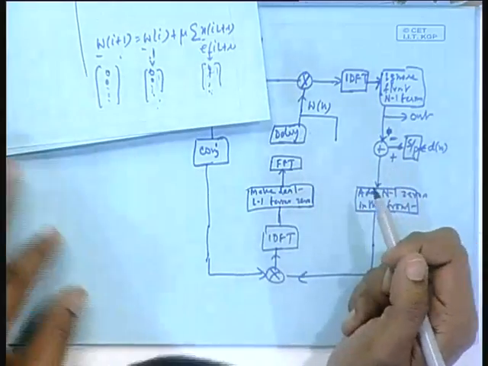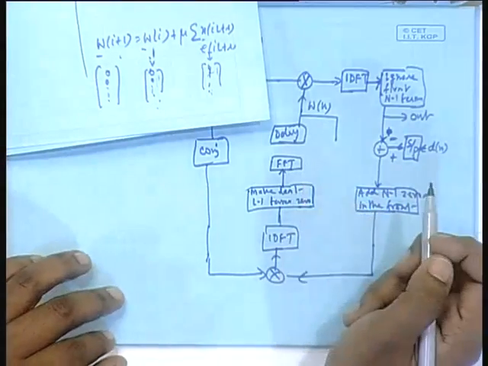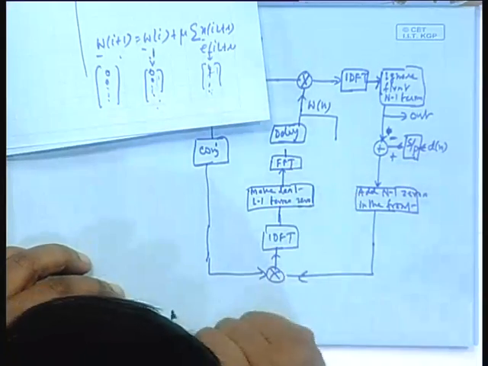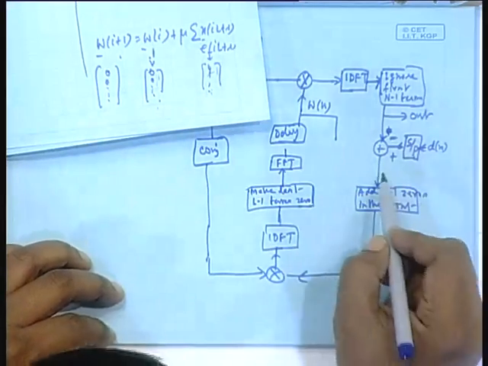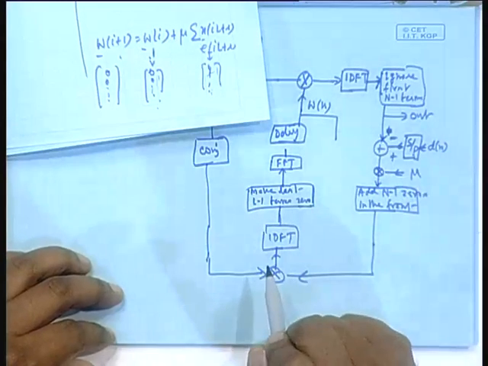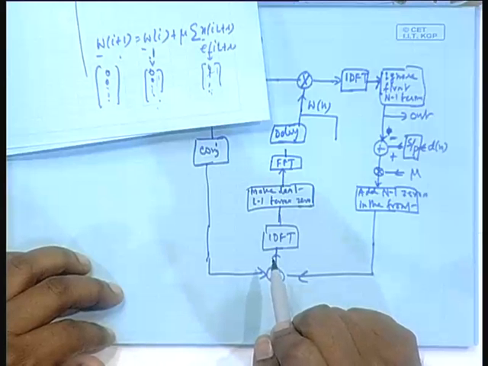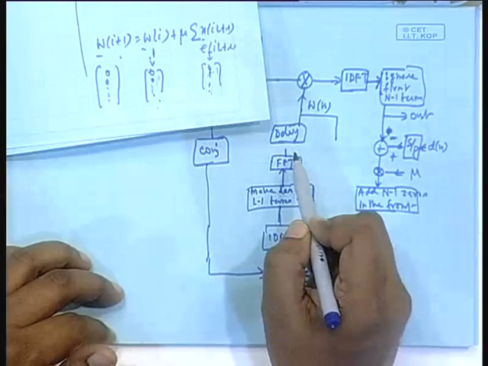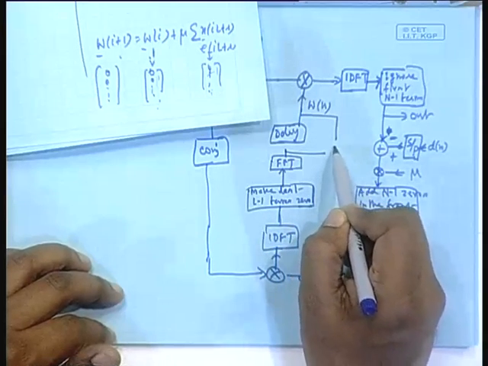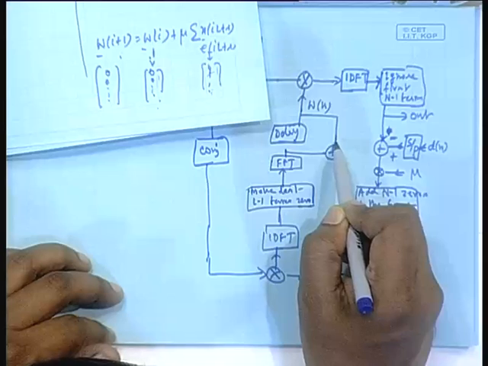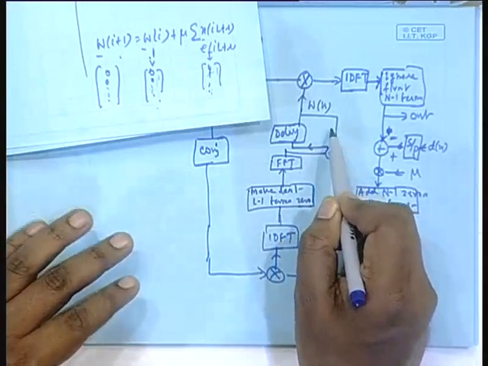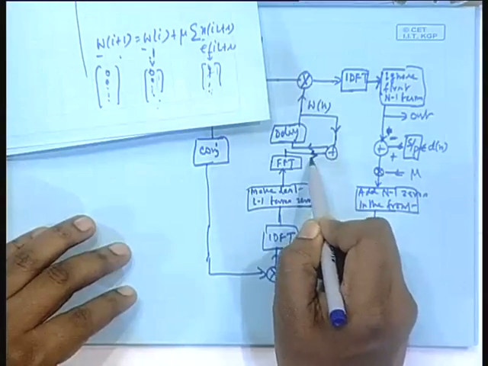Somewhere I should have a multiplication by mu, so you do the multiplication by mu here. My drawing is a bit clumsy, please excuse it; the space is too little.